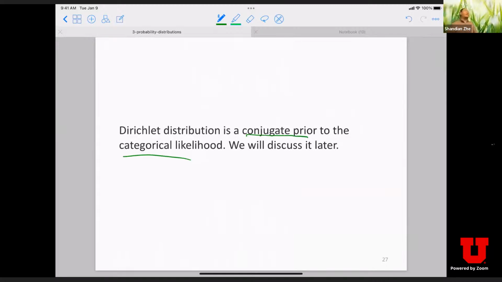That means if you use a categorical likelihood to model some discrete observations, and you assign a Dirichlet prior over the parameters of the categorical likelihood, then your posterior distribution can be computed exactly. You don't need any approximation. Again, we're going to emphasize this when we talk about what it means to be a conjugate prior.